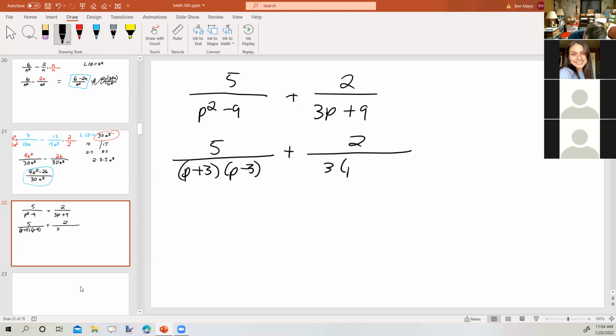This is 3 times p plus 3. So my LCD, I need a 3, I need a p plus 3, and I need a p minus 3. Any question where I got those 3 factors as the LCD?